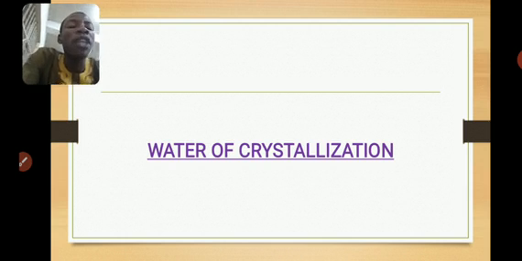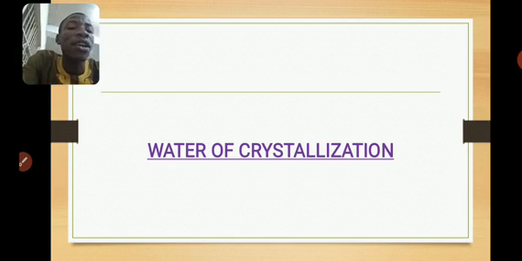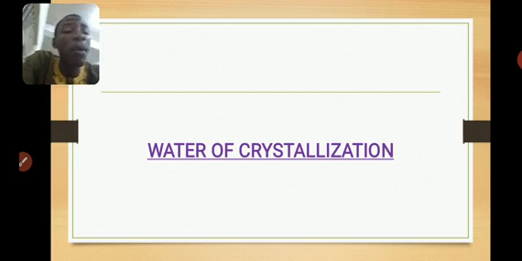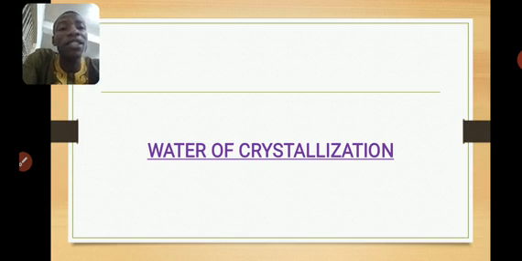You came across water of crystallization when we were doing separation techniques, when I told you that there are some salts that you recover by crystallization because they have a very low melting point, so they easily decompose when you subject them to evaporation to dryness. This kind of salt, you recover by crystallization.